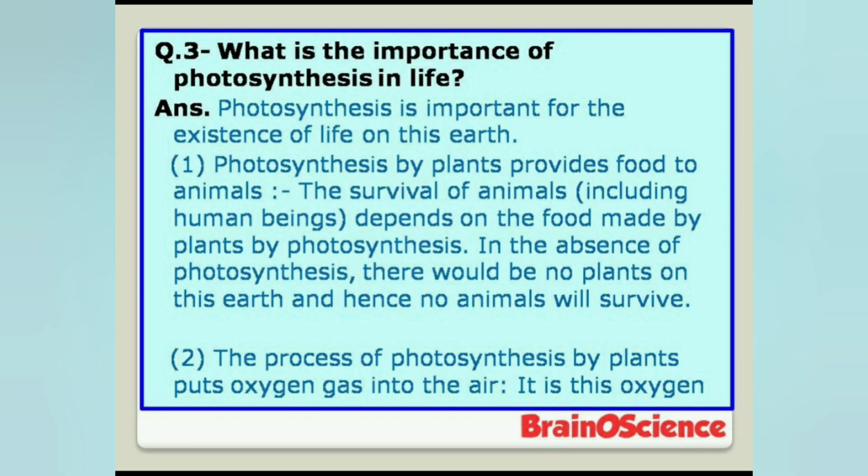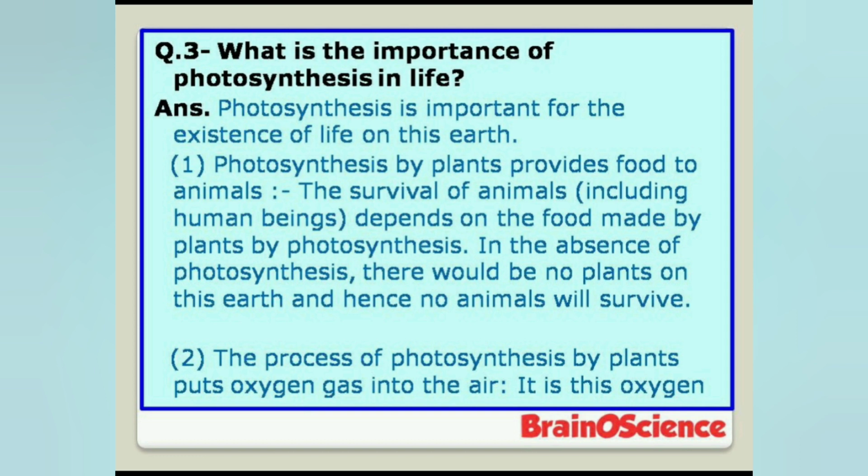Question number 3: what is the importance of photosynthesis in life? Answer, photosynthesis is important for the existence of life on this earth. Point number 1 is, photosynthesis by plants provides food to animals. The survival of animals, including human beings, depends on the food made by plants by photosynthesis.